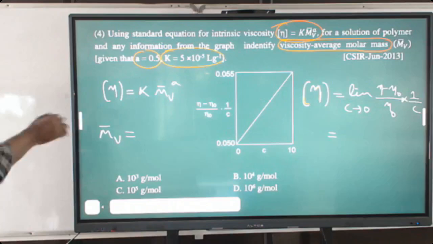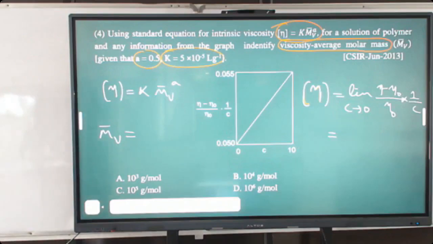But from the graph, you just identify the value of eta. What is the value of eta from the graph?